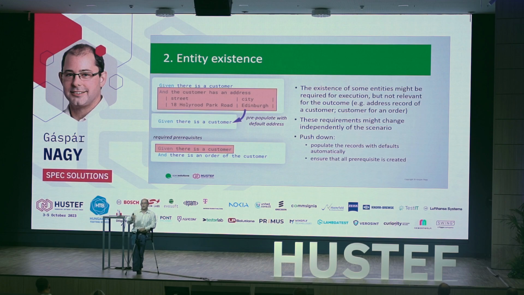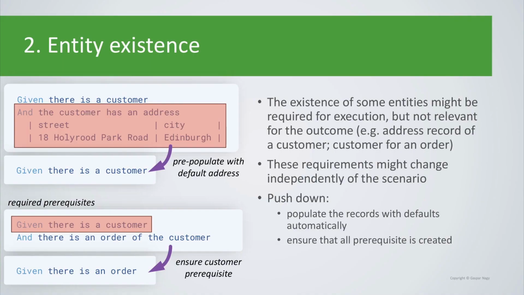Or you can see this in another way around. To be able to create an order, you must have a customer as well. But if this is not interesting for you, then you can apply some defaults, so that whenever I just say please give me an order, it automatically ensures that there is a customer there.